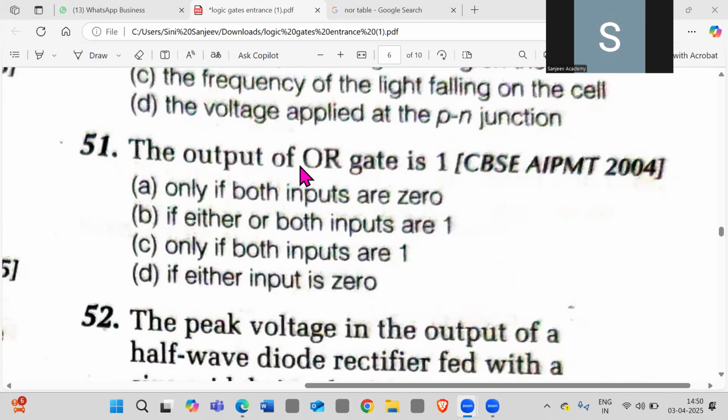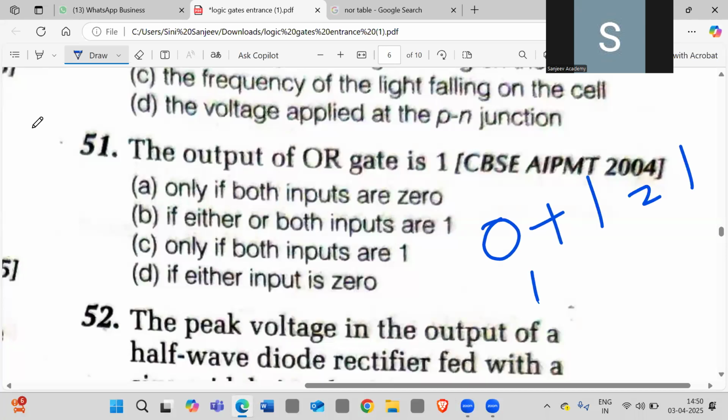Good that you told me one option. See, if one of the outputs is 0 and other is 1 also, it is 1, right? 1 plus 1 is also 1.